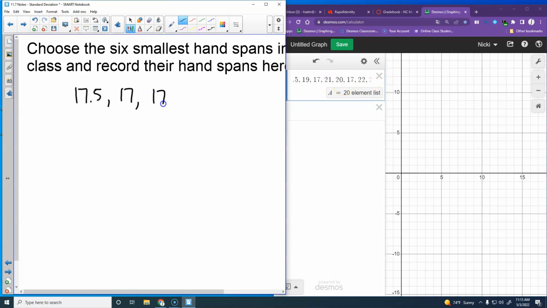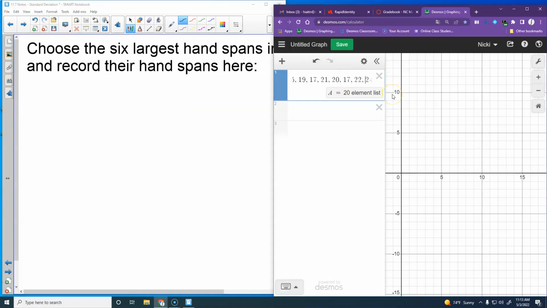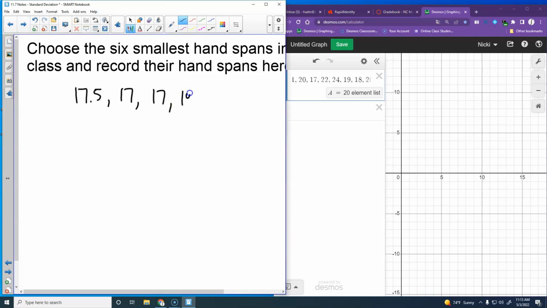Another 17. 18. And, do I have 18? All right, so 18, 19. Okay.